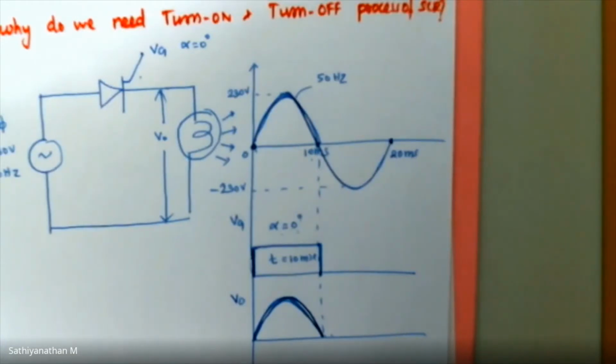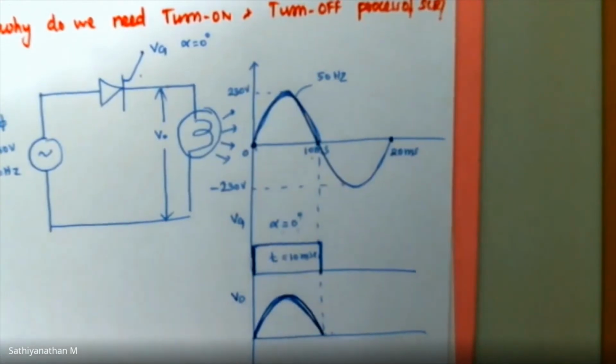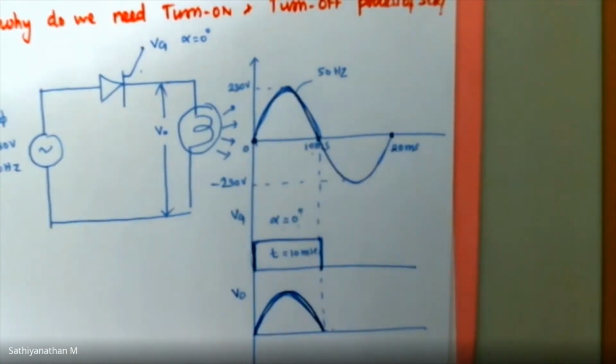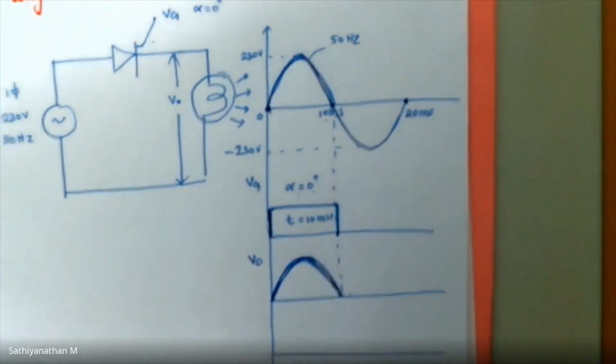So when you fix a firing angle of 0, your device SCR will act as a simple power diode, so the same input will appear across your load. Once you change the firing angle, switching angle, that is the turn on time period of the device, as well as the turn off time period of the device, the entire output will change.